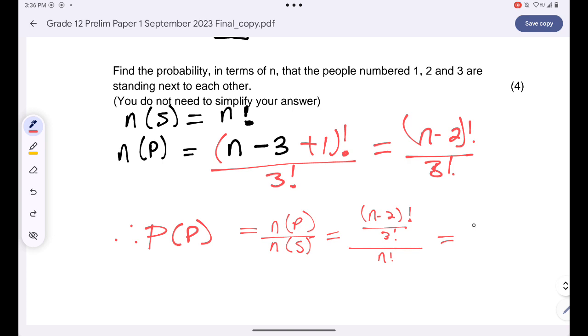So this will just be equal to n minus 2 factorial all over n factorial times 3 factorial. So this is my probability, guys, in terms of n, given that persons number 1, 2, and 3 are always standing next to one another. That's how, guys, we're supposed to tackle this question over there.